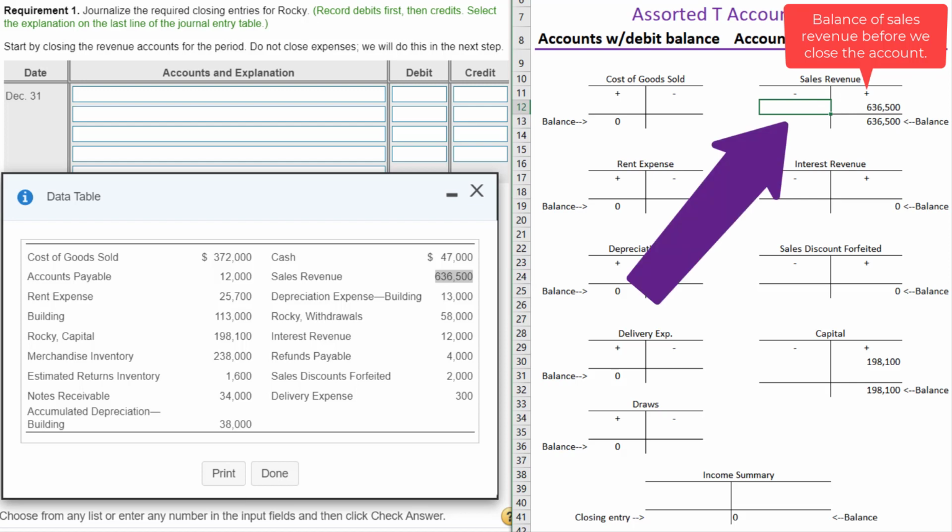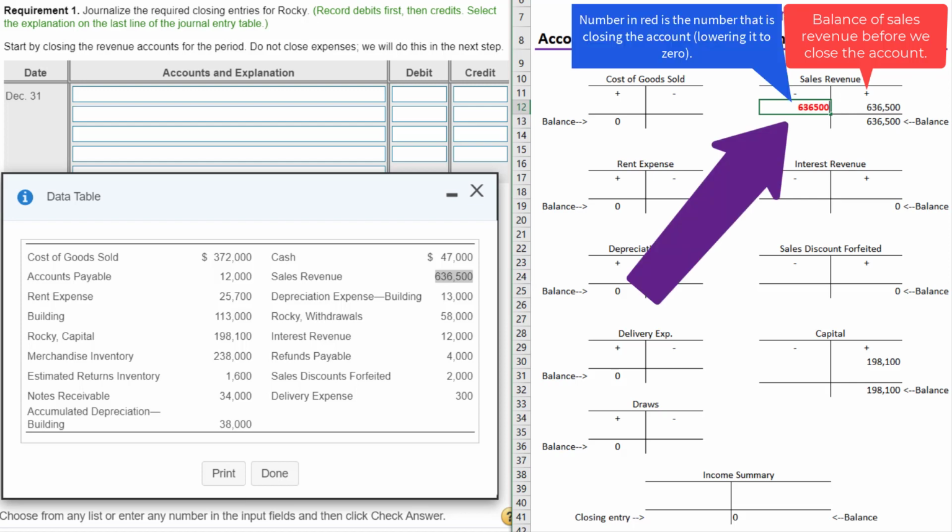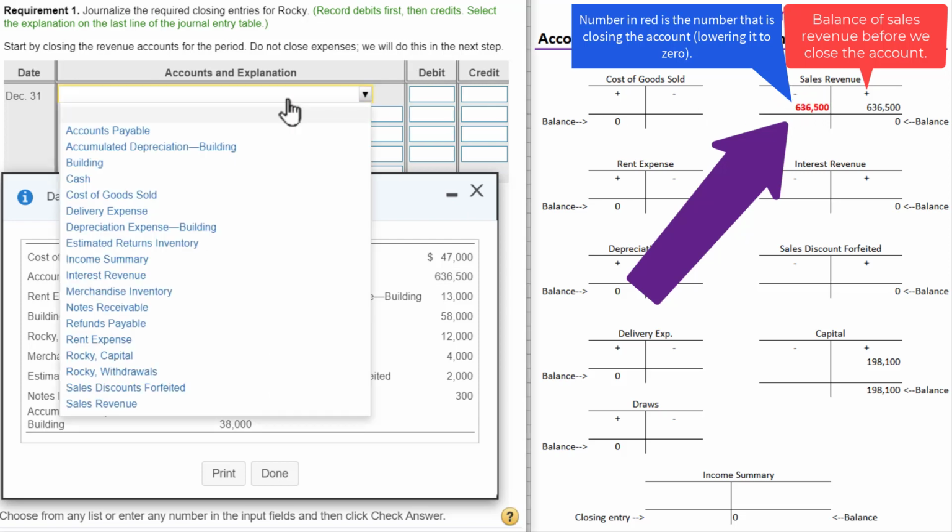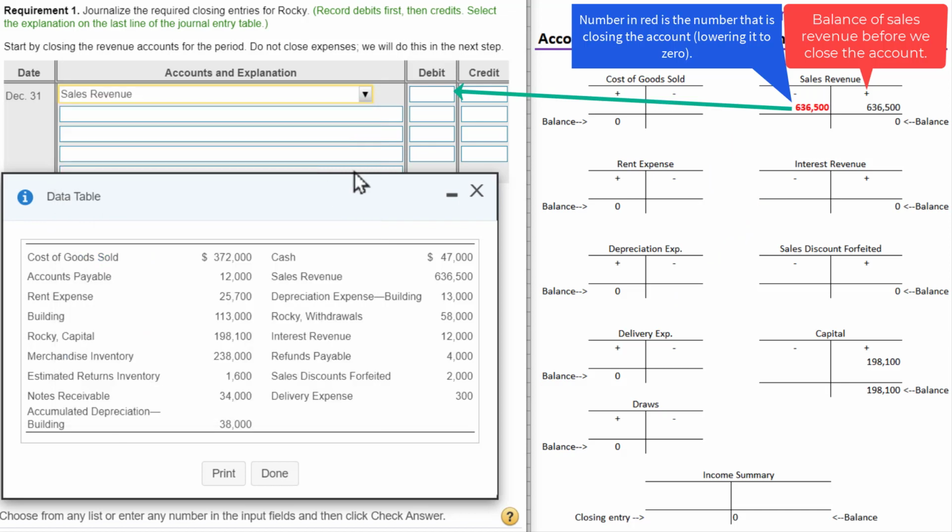So over here, I'm going to close the account, $636,500. Notice I'm putting it in red. I'm putting it in red to remind me that this red is the closing entry. So notice we have debited sales revenue. So over here in the journal, I'm going to find sales revenue. And I'm going to debit the amount of sales revenue, $636,500.